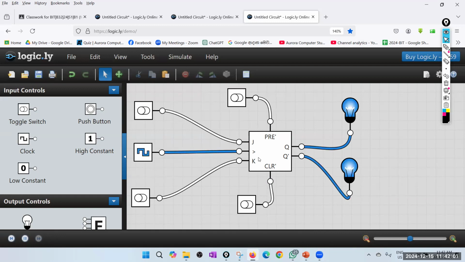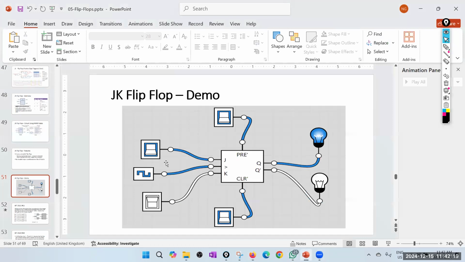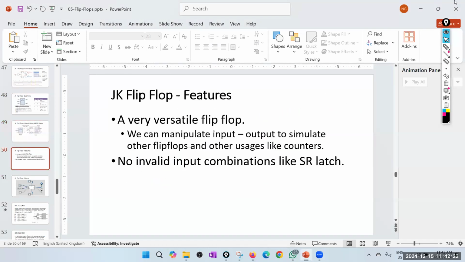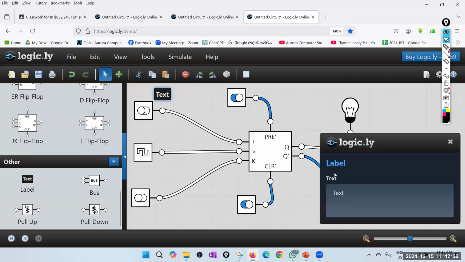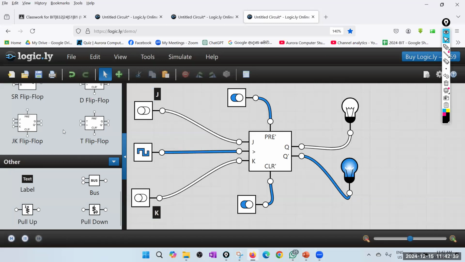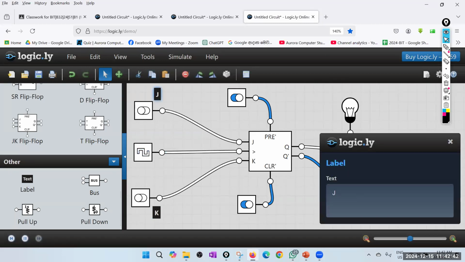So remember how the preset and clear work. When preset is 0, preset. So therefore make both 1. Then it's going to work in the normal way. Right? So now this is my J and K. Let's have the label for J and K. J, K. So remember J is S, K is R. Or you can say it is your set.